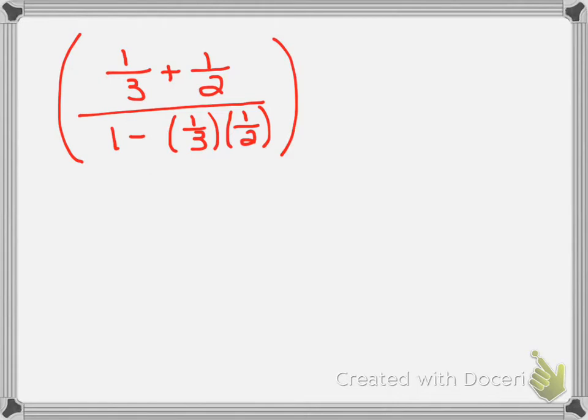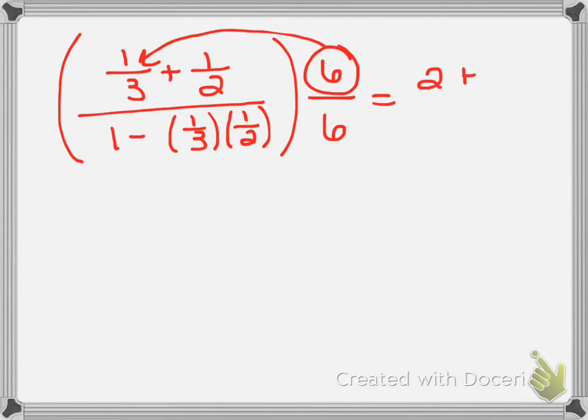And so I look at all these little mini fractions, and my common denominator for them would be a 6. So I've got to multiply through by a 6 on top and multiply through by a 6 on bottom. So when I take that 6 and I distribute to the first part of the numerator, 6 times 1/3 is 2. Then I distribute to the second part of the numerator, and 6 times 1/2 is 3. No more fractions on top.